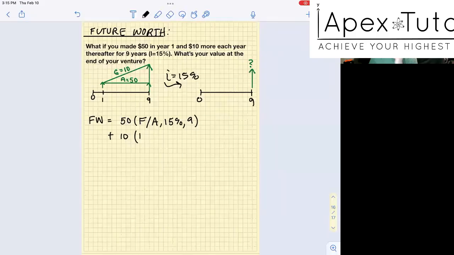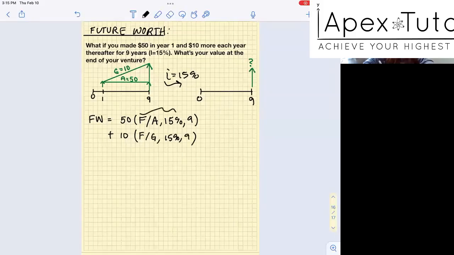F over G. Very good. We want F, but it's a G. 15%, 9. Okay, when you go to the lookup tables, what do you get for F given A 15% 9? 16.786. Good. And what do you get for F given G 15% 9?